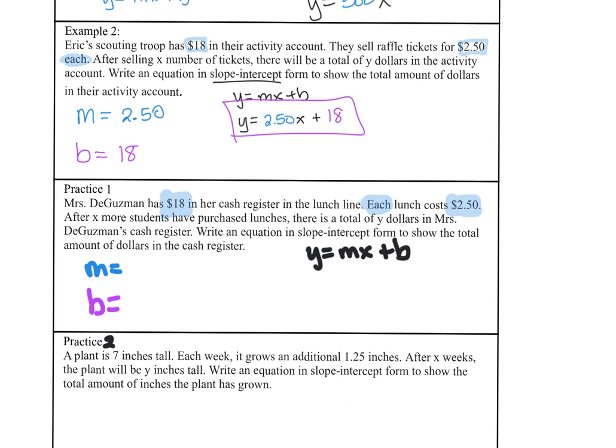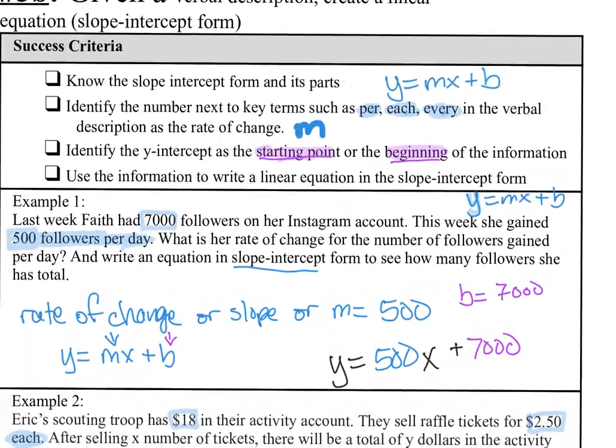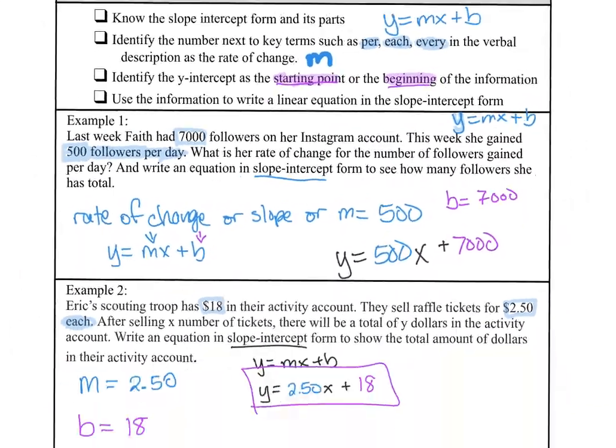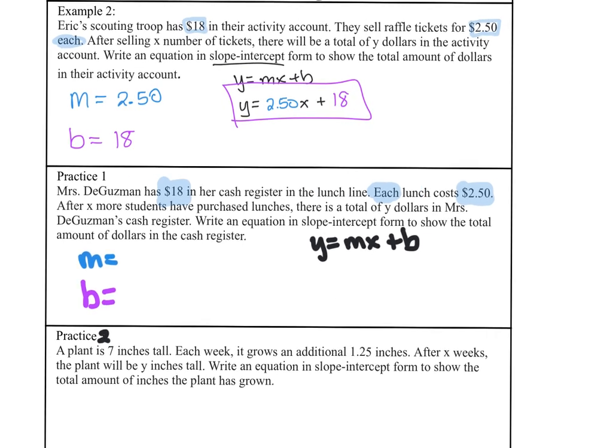Out of these 2 numbers here, our M, our rate of change, is identified back in my success criteria as per, each, and every. Mrs. De Guzman has $18 in her cash register. Each lunch right there, bam. So that's her rate of change.